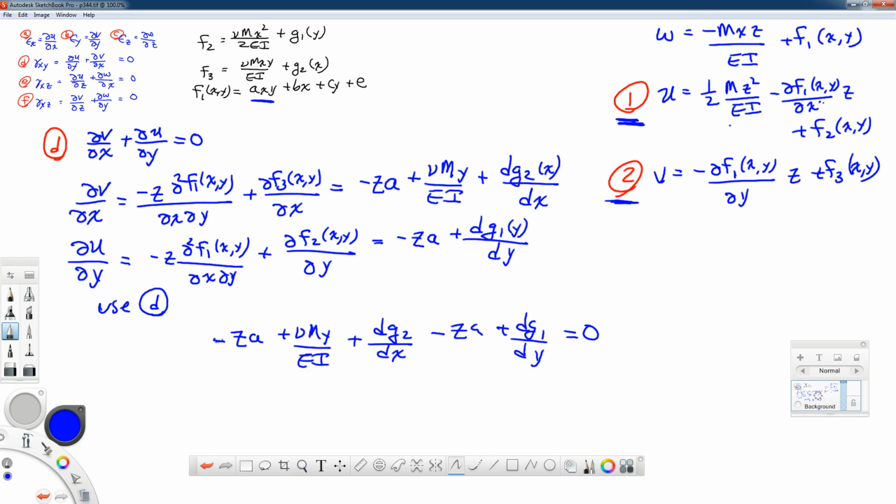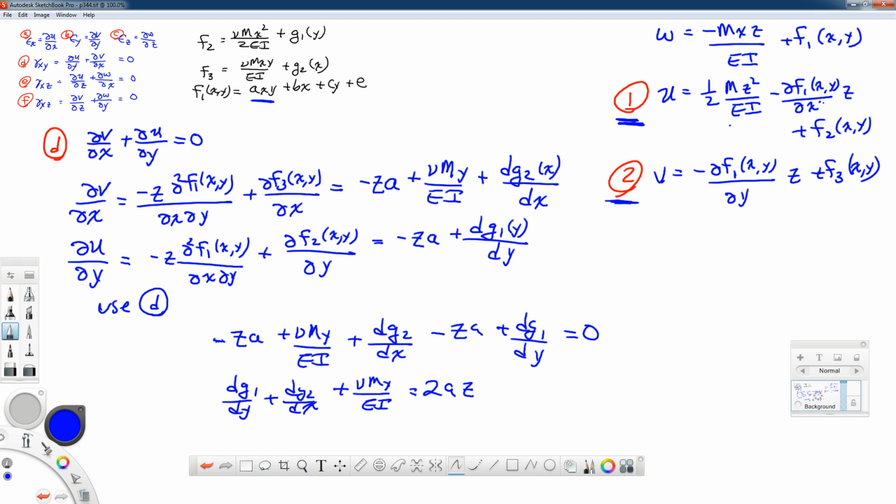Alright, and with that, I want to put all the z terms on one side and everything else on the other side. So let me write it this way: dg1 dy plus dg2 dx plus nu my over ei is equal to 2az.